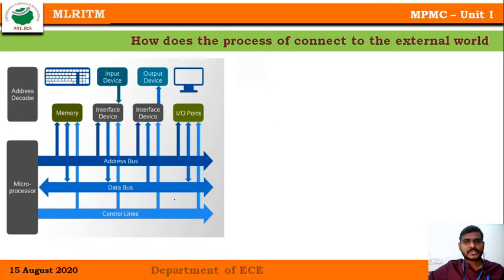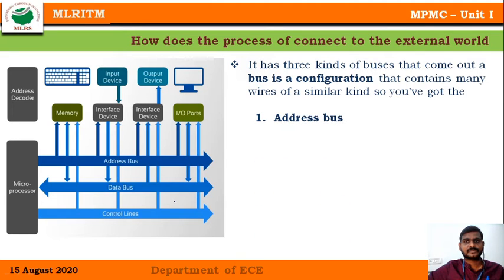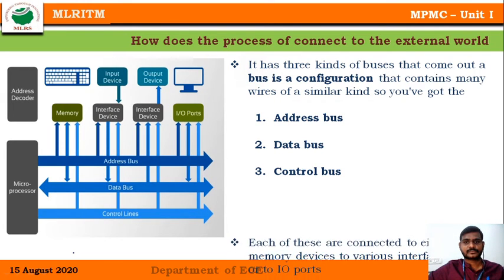A microprocessor needs to be connected to the external world by means of a bus configuration, which consists of an address bus, a data bus, and a control bus. These three buses are used to interact with the outside world.